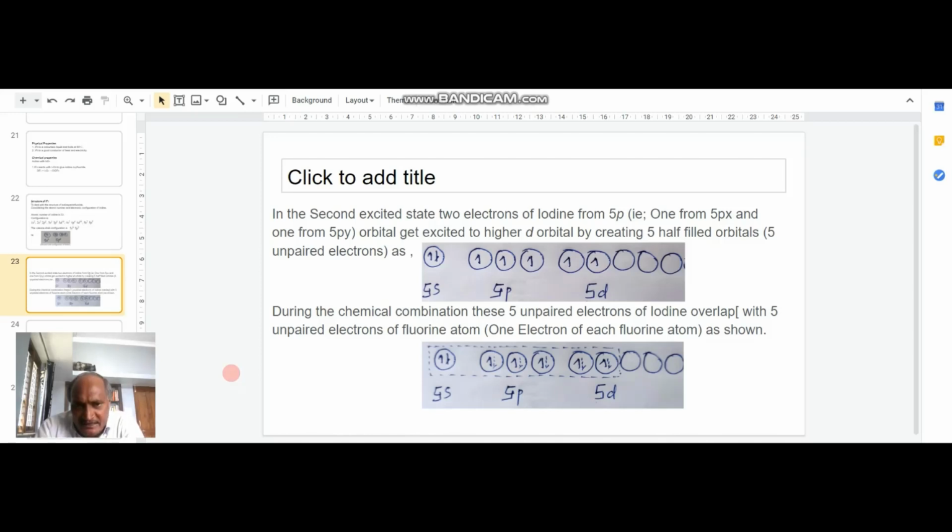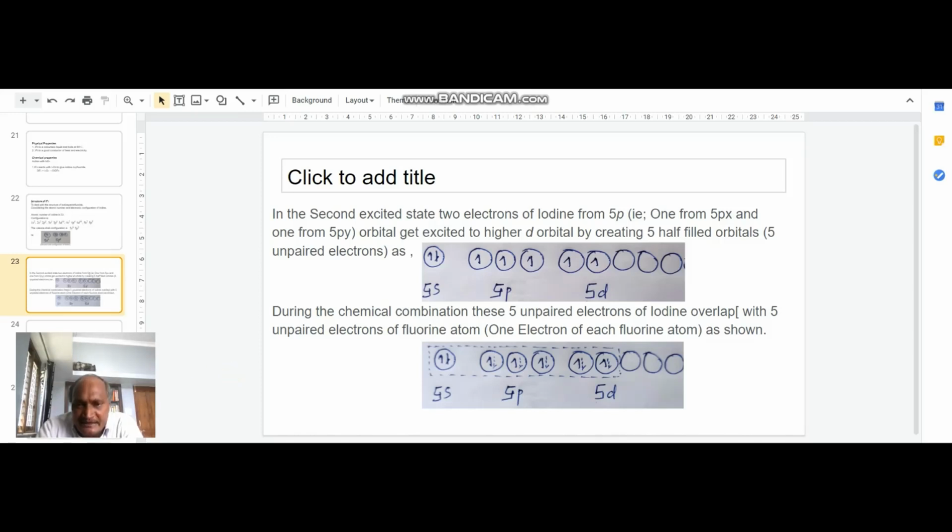Under the ground state, the iodine atom shows only one half-filled atomic orbital at the 5pz level. But in the formation of iodine pentafluoride, 5 electrons of 5 fluorine atoms are bonded with 5 electrons of the iodine atom.